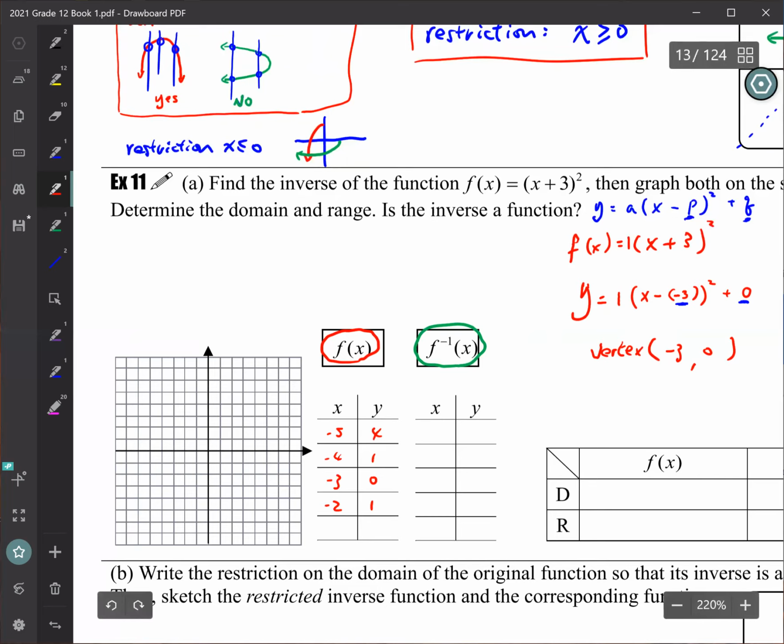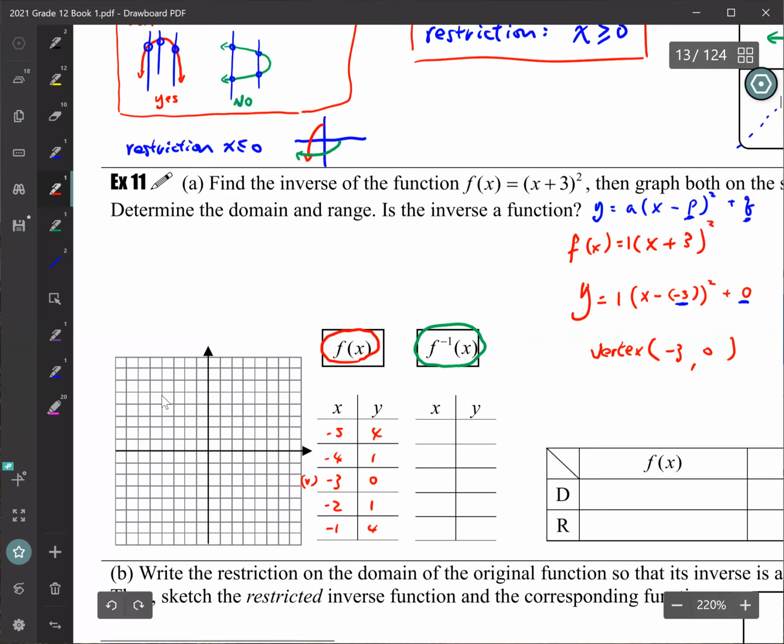And -1, 4. Okay, very good. The middle point is your vertex, -3, 0, and you just graph left and right side, then each x you plug into the function to calculate the y.